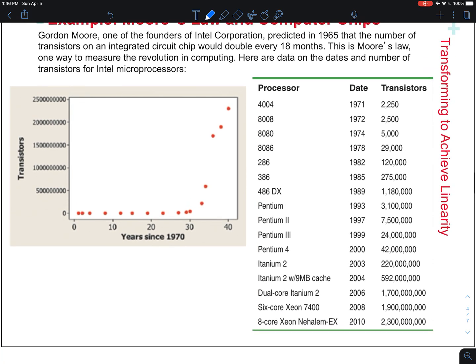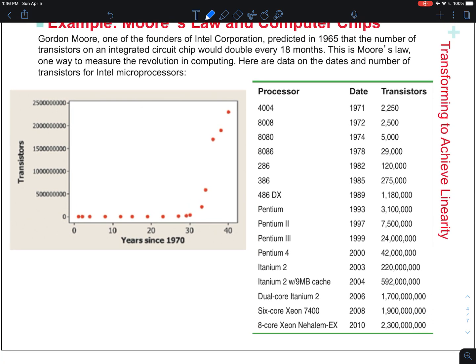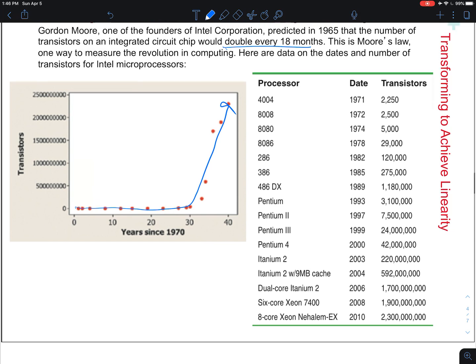There's another example where we've got this relationship that takes off very rapidly, looks like more of an exponential relationship. The number of transistors is going to double every 18 months. So here's this new relationship. Would undoing the exponential y, as it would seem here, work? Would it fix what's going on?